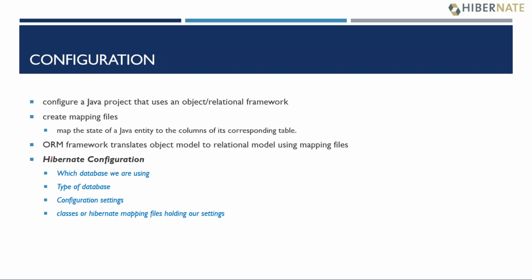So when we are using Hibernate configuration, first you need to create a Hibernate configuration file, wherein you need to specify which database you're using, whether Oracle, MySQL, Derby, what is the name of the database you're using, what is the type of the database, like which version, and then you need to specify the configuration settings, that is the driver name, the URL, username, and the password, then classes or the Hibernate mapping files, which the application will handle.